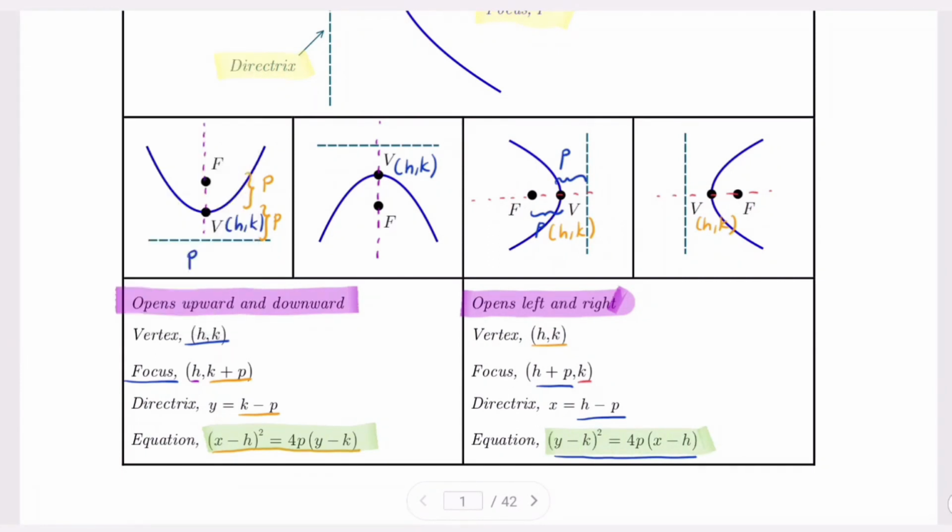If p is greater than 0, then you will get opens upward. And if p is less than 0, you're going to get opens downward. And for this one, if you get p greater than 0, it will open to the right. And if you get p less than 0, you will notice that it opens to the left.